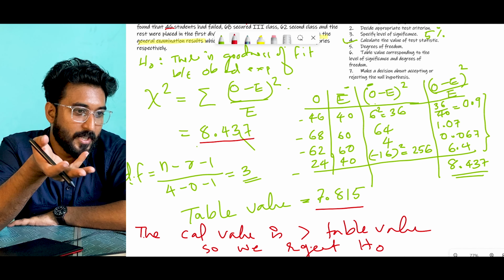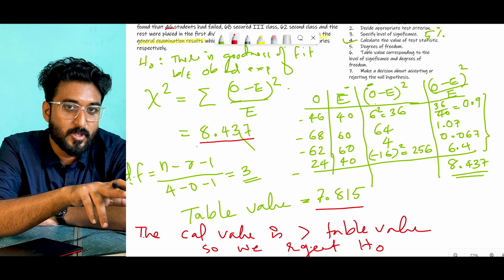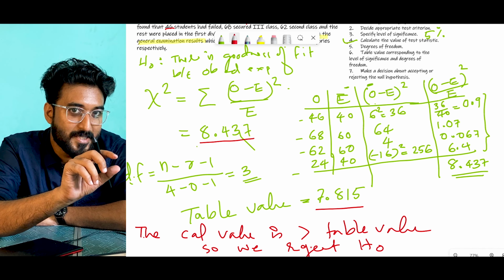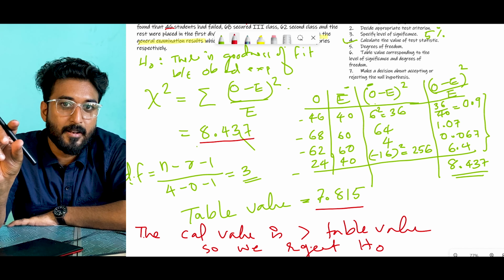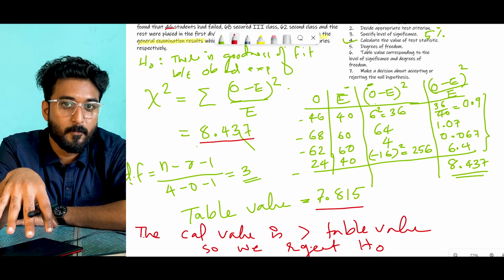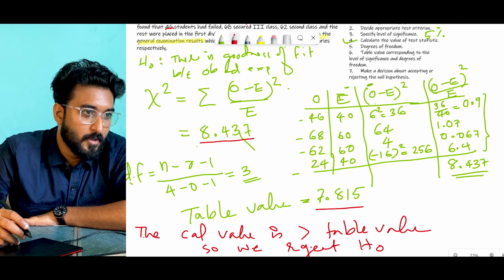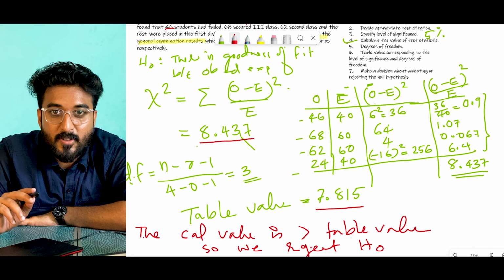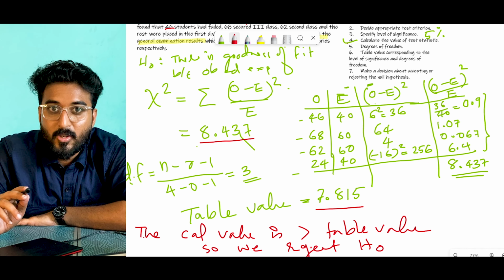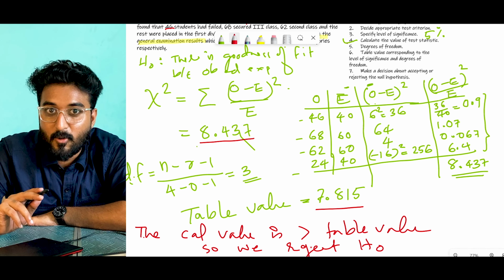Okay, and finally here, what is the conclusion for here? Our conclusion is there is no goodness of fit between observed frequencies and expected frequencies. This is common. For this question, they are asking, what is the question? These figures are commensurate with the general examination result. That was their question.